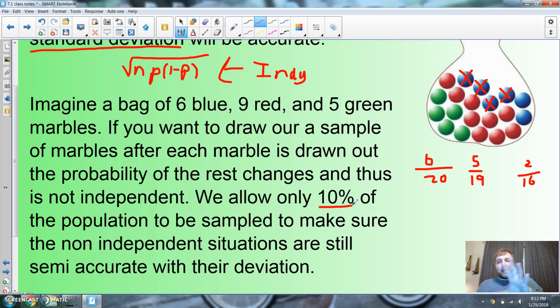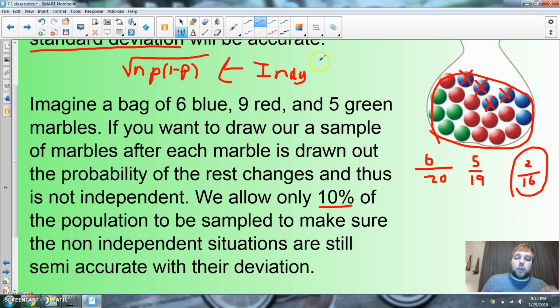That still leaves 90% in the bag. If we take out more, those probabilities could change drastically depending on the luck of the draw, and we will soon end up with things that are so far removed. So, we only allow 10%.